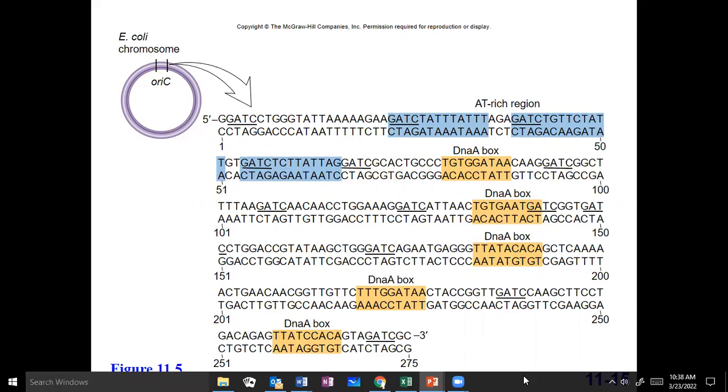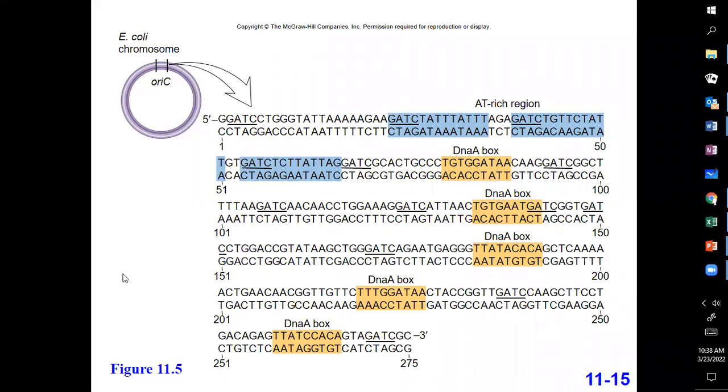So as I said, this is not something that is random. This is the sequence of the E. coli ORI-C. The AT-rich regions, so notice A's and T's are overrepresented, and then the sequences of the DNA A boxes. This is kind of a confusing name, but this is a specific sequence called a DNA A box. And this is found in the origin of replication in E. coli, this specific sequence, this 275 base pairs.